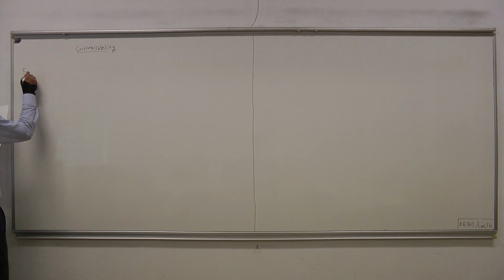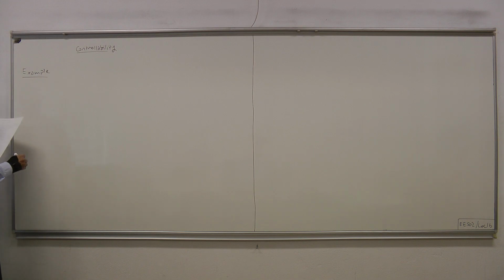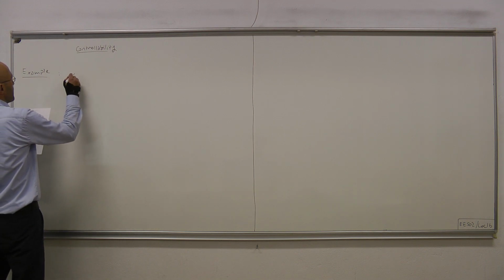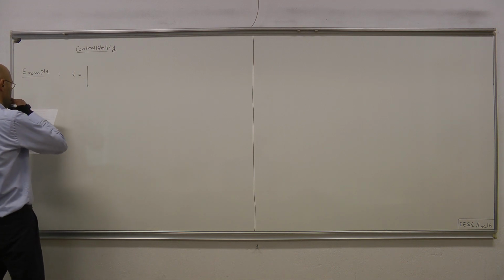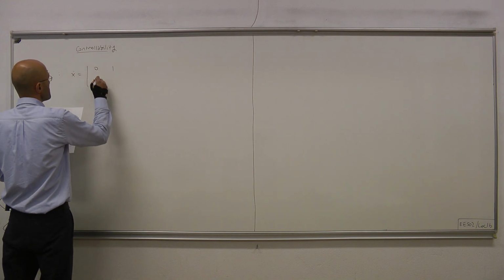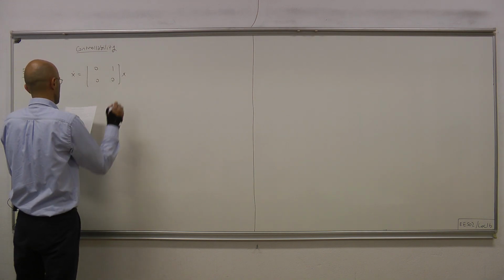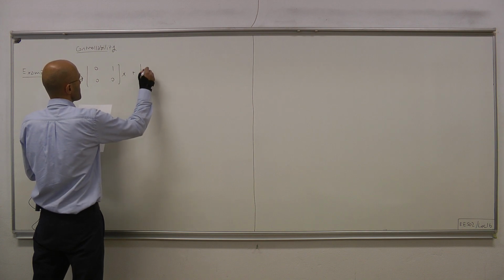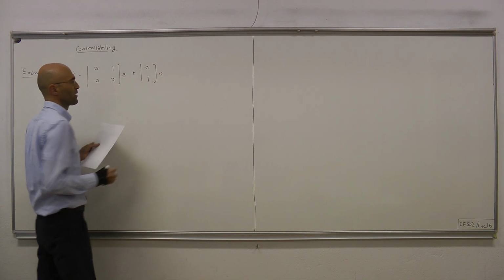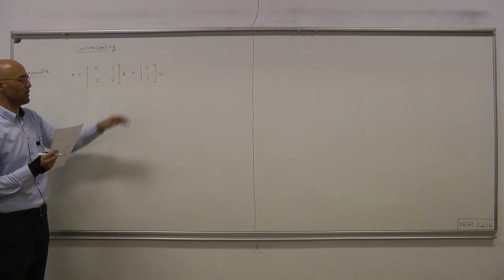Consider the following second order system: x dot equals [0, 1; 0, 0] x plus bu, that is, Ax plus Bu.